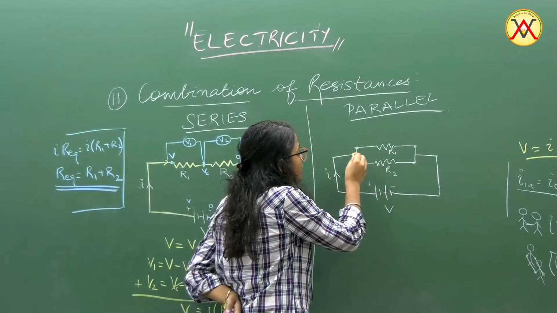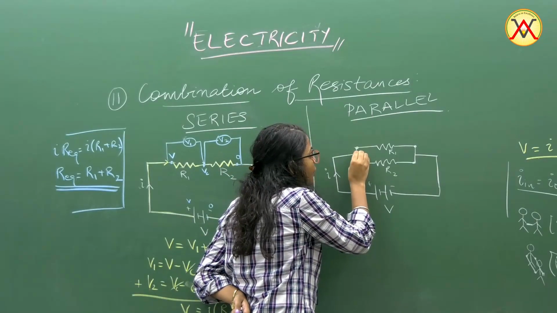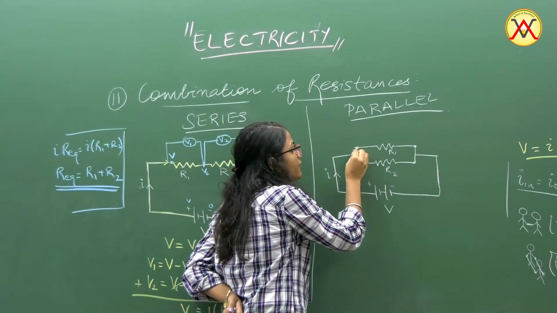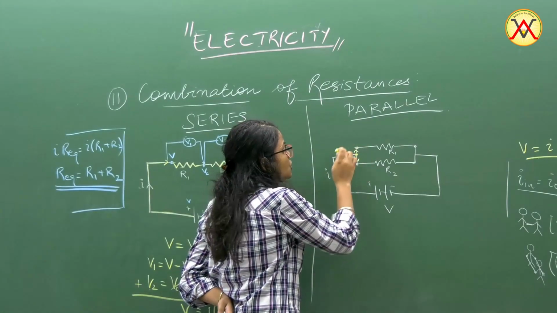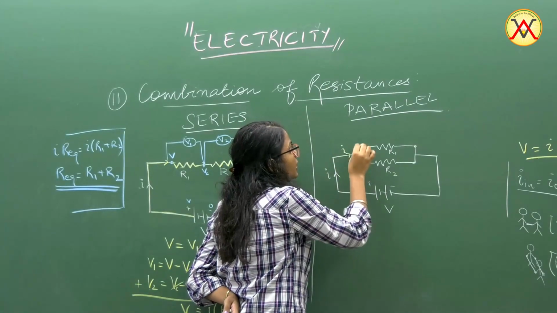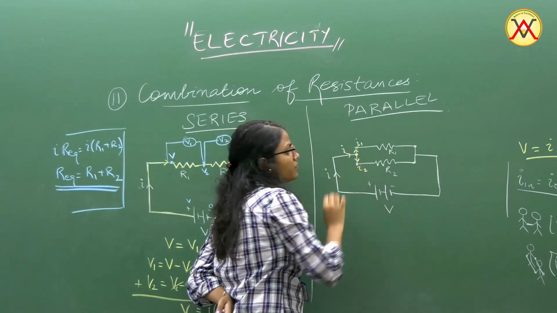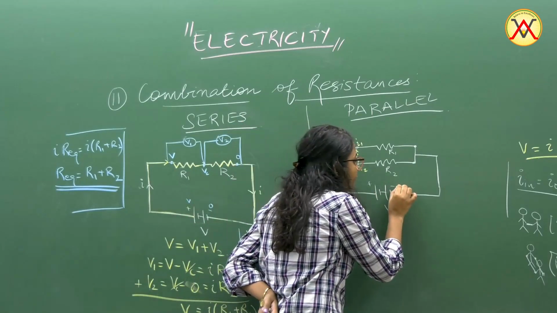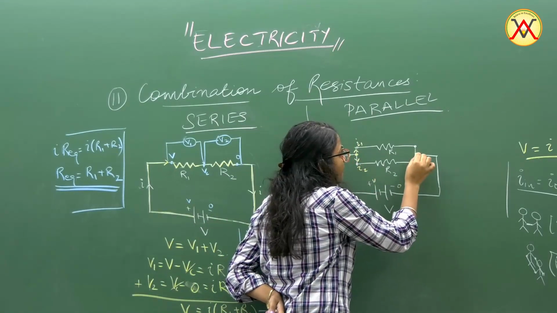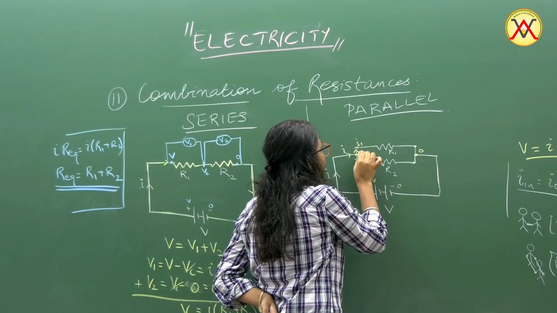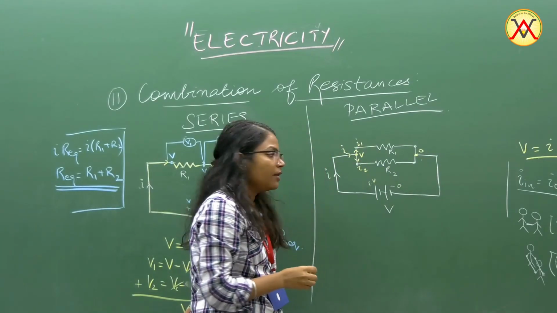In parallel combination, at this point we have a node from where we have got a diversion in our path. So, current through here is divided into two parts, I1 and I2. If this is 0 and this is V, then this point will be 0 and this point will be at V potential, right?